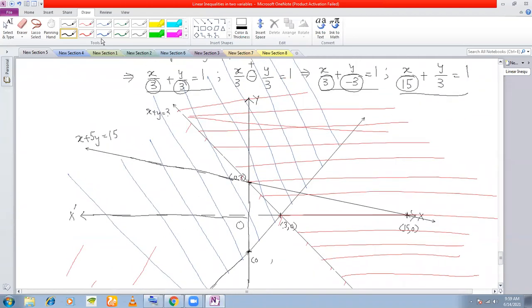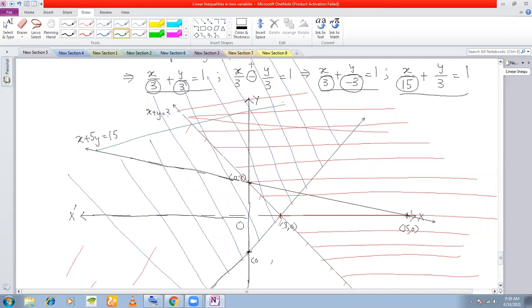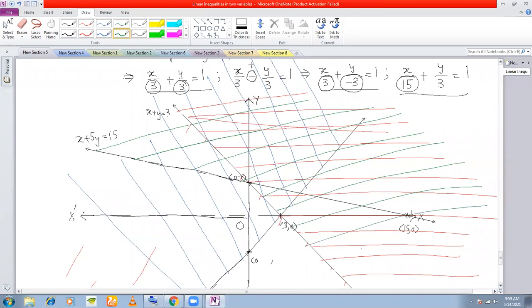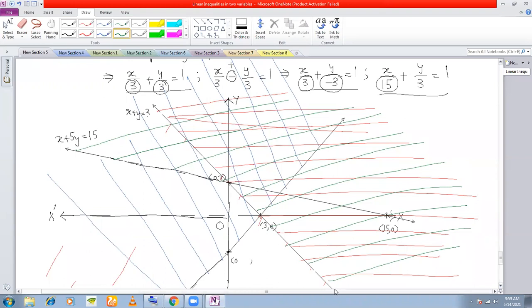So which one is the non-origin side of this line? This is the non-origin side. Right? All this is the non-origin side. So what is the common shaded area?